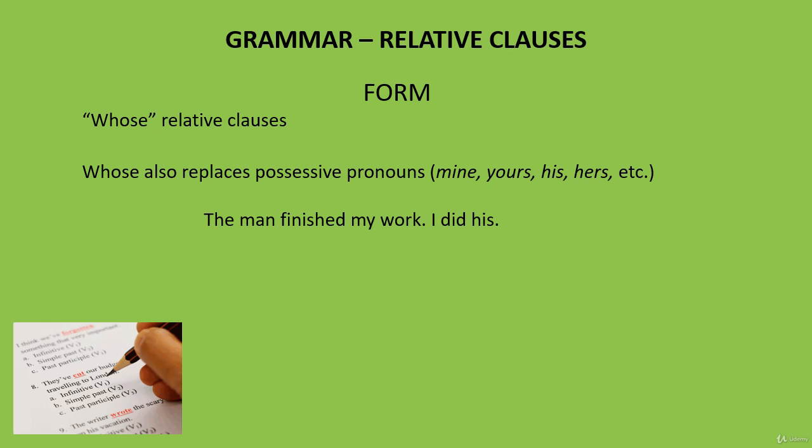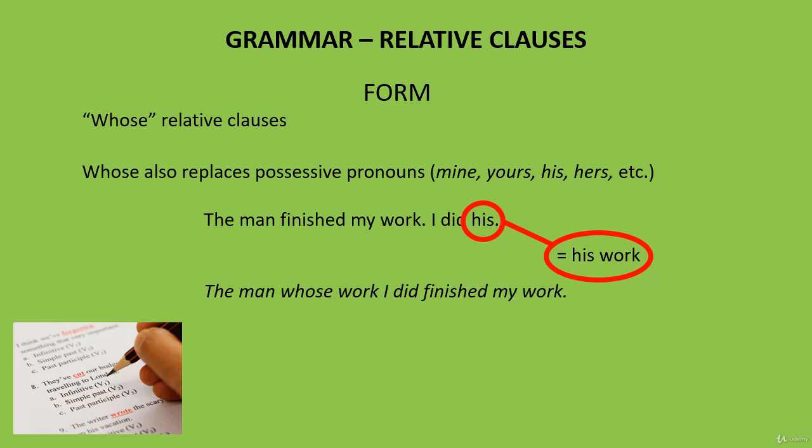In the second sentence, his means his work. We just use the possessive pronoun instead of the possessive adjective and the same noun. So the sentence with a relative clause with whose is this. The man whose work I did finished my work. As you can see, it works in exactly the same way.